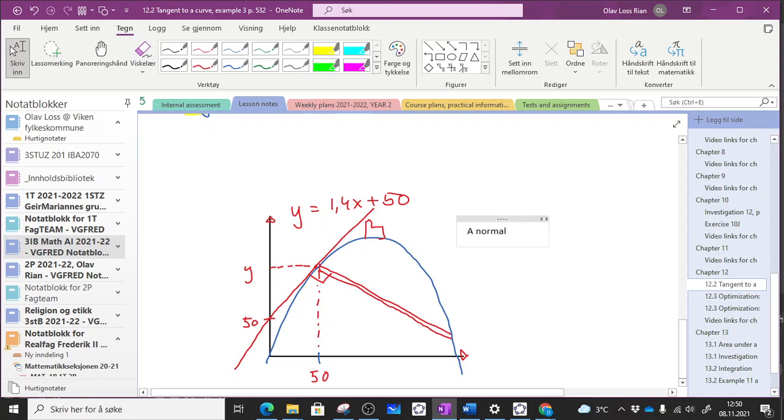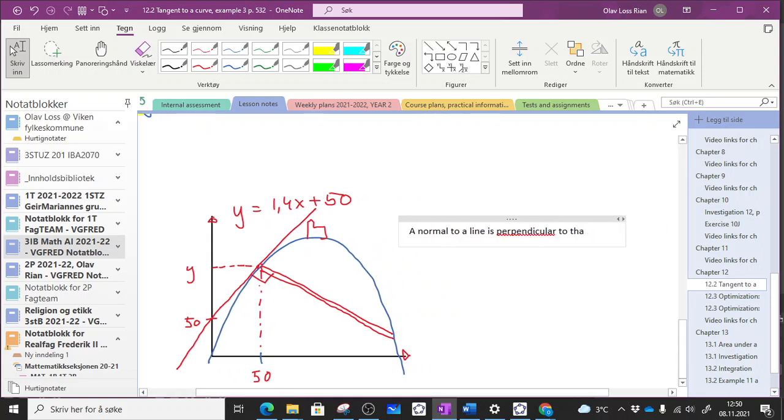A normal to a line is perpendicular to that line. If a line has gradient m, the normal has the gradient.